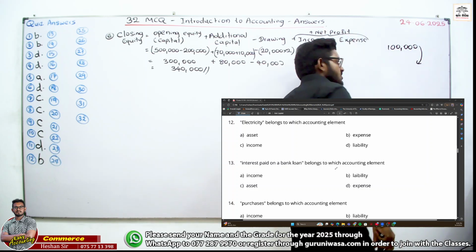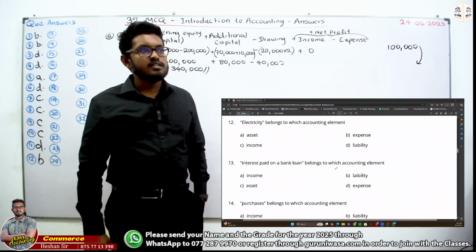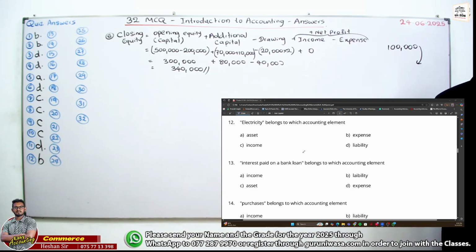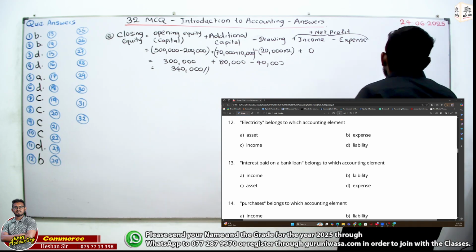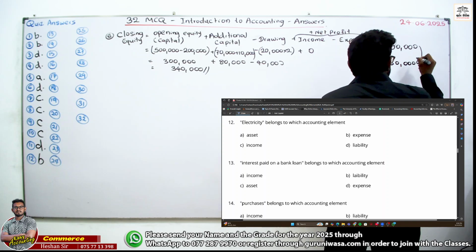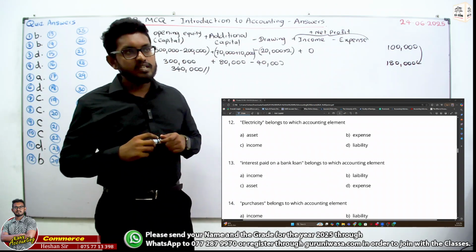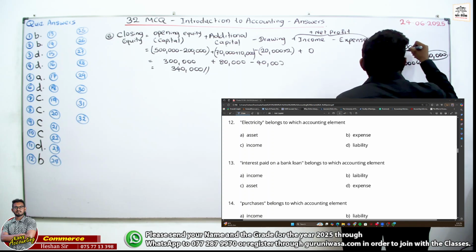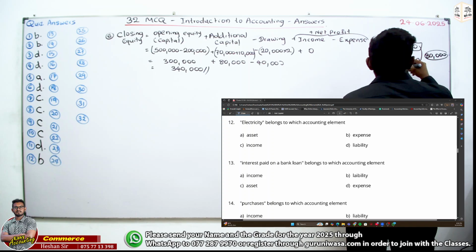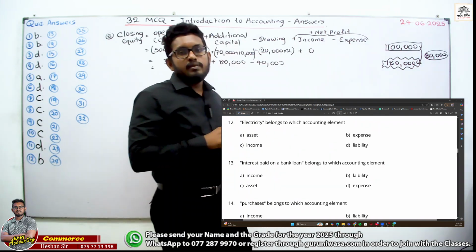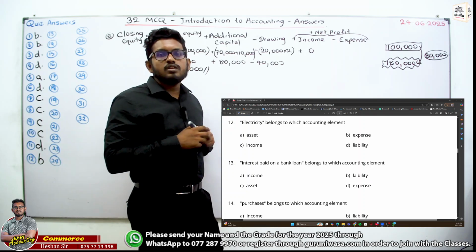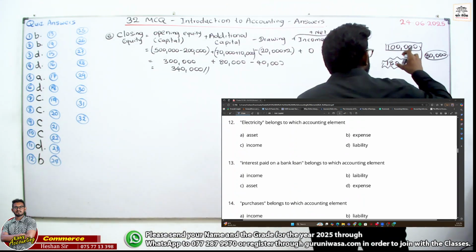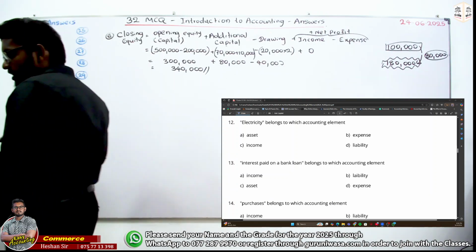When you take a bank loan, the bank doesn't give you all the money at once; they give it bit by bit. When you pay monthly installments, the bank charges you in total 180,000 by the time you finish paying after 5 years. So this 80,000 is an additional payment, because you received only 100,000 from the bank. As you pay installment by installment, the bank also charges interest, and in total you have paid 180,000. This additional 80,000 we call as what? Expense. Clear to you guys? Expense, because it's not only the 100,000 liability. So the answer is expense, D.